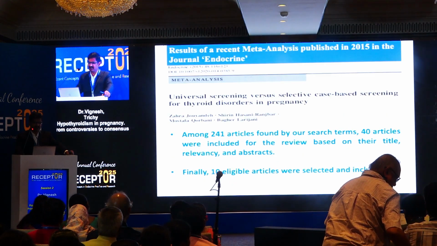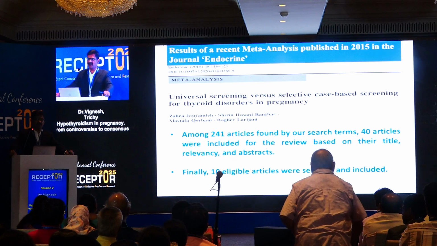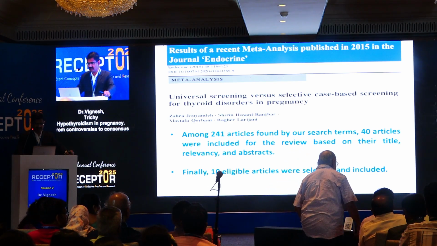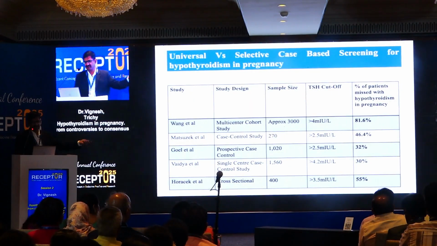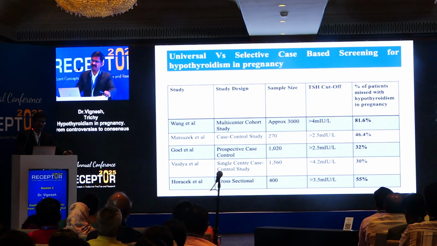But later on, there were various meta-analyses comparing case finding screening with universal screening at first trimester. What they found is that when we compare universal and case-selective screening, nearly 30 to 40% of patients with a milder degree of thyroid dysfunction can be missed if we go only by case finding screening. So many women may be hypothyroid and asymptomatic.